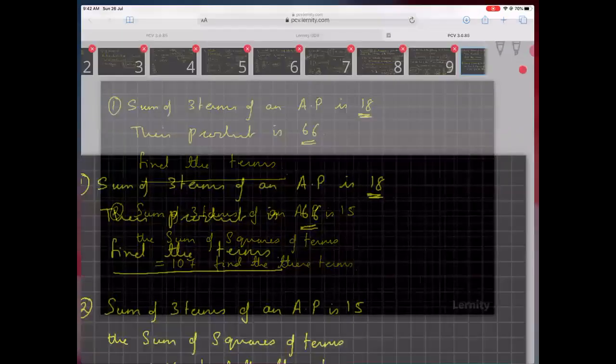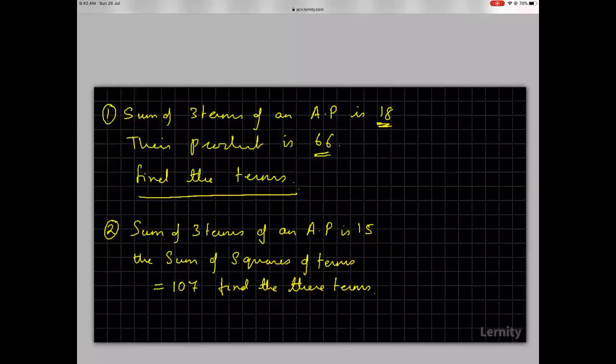Whenever they ask you to take 3 terms in an AP, a good method is, suppose the middle term is A. So the terms will be A minus D, A, and A plus D. Now you get the middle term immediately. If you add them up, you will get the middle term immediately. So what is the middle term? The middle term is 6 in our case.